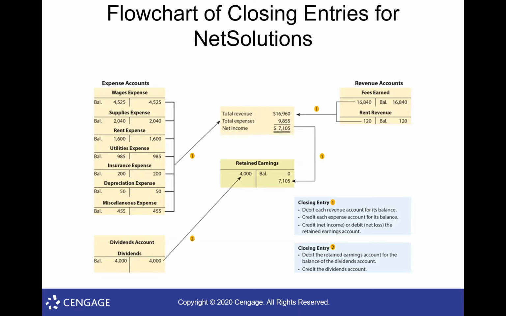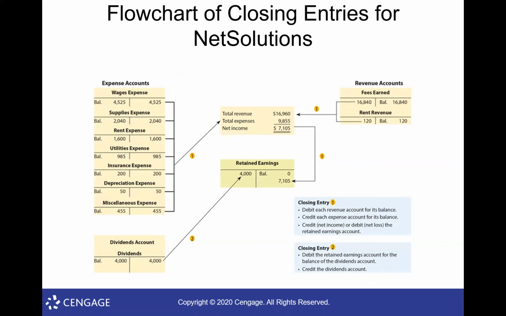We've now moved the temporary accounts of revenue and expenses momentarily to a temporary account called income summary, and from income summary to retained earnings. And now we've closed the temporary accounts. They all have balances of zero, and the only account that still has a balance from that activity is a permanent account. That's what closing means, okay?